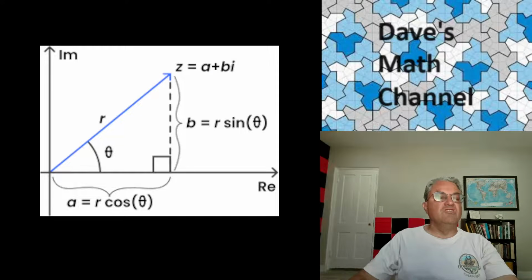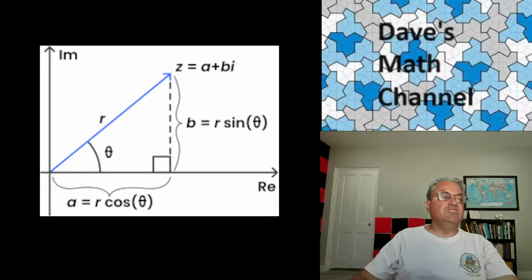It's pretty easy. If you look at this triangle here, this is a right triangle. The horizontal leg has length a, and the vertical leg has length b. So by the Pythagorean theorem, r is just equal to the square root of a squared plus b squared. They don't show that, but that's true. So that's how you can get r in terms of a and b.